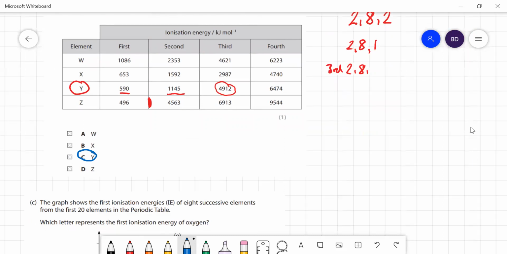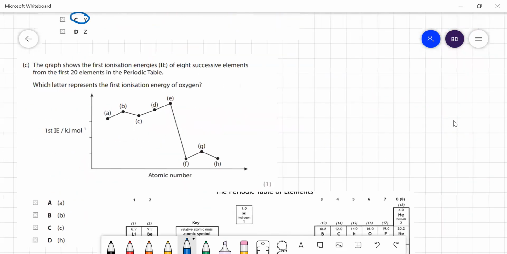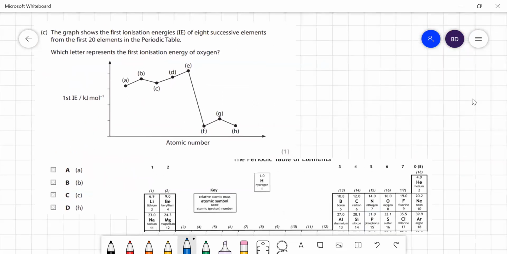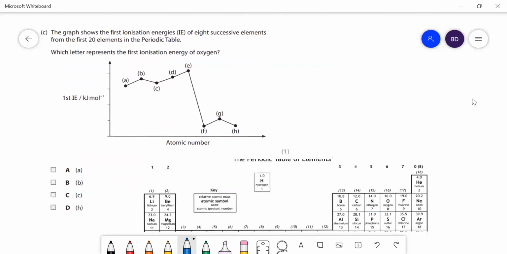Okay. Now, we have the first ionization energy of 8 successive elements from the first 20 elements of the periodic table. Which one represents the ionization of oxygen? Well, you can see here that when you go from E to F, you're starting a new quantum shell.